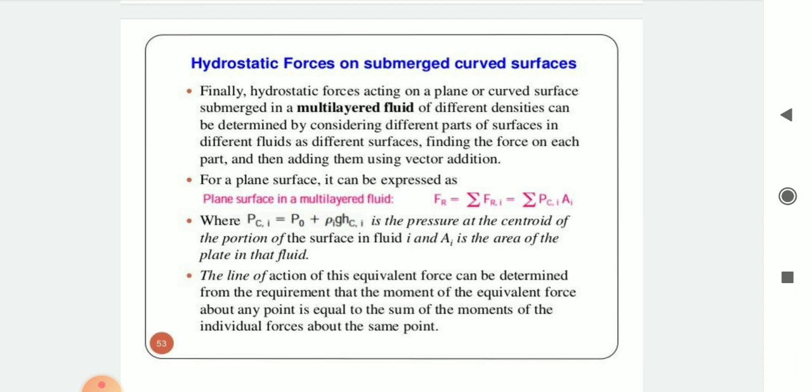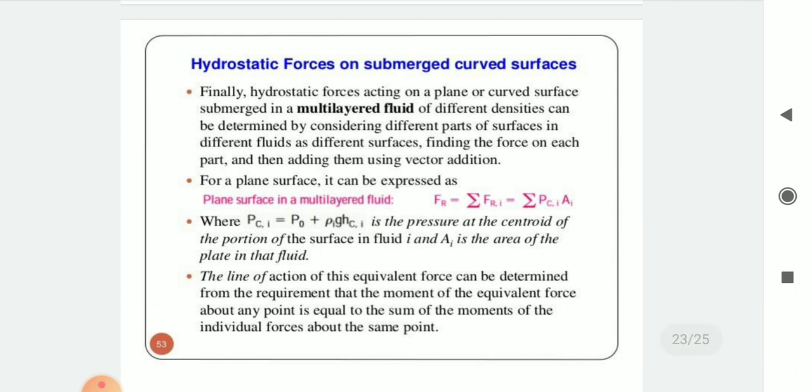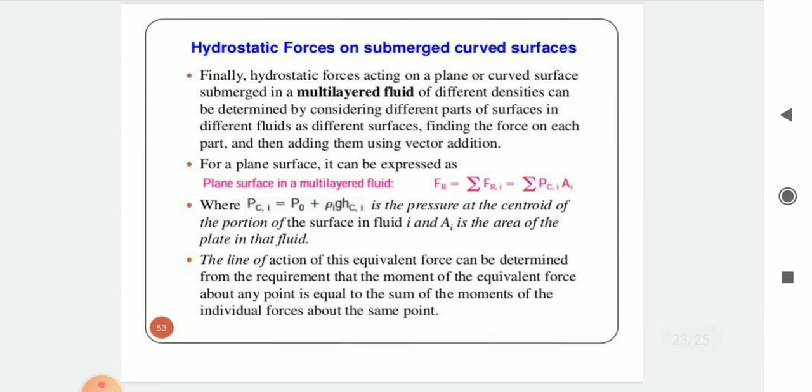For a plane surface, it can be expressed as Fr equals summation Fri equals summation Pci Ai, where Pci equals P0 plus rho i g hci is the pressure at the centroid of the portion of the surface in fluid i, and Ai is the area of the plate in that fluid. The line of action of this equivalent force can be determined from the requirement that the moment of the equivalent force about any point is equal to the sum of the moments of the individual forces about the same point.